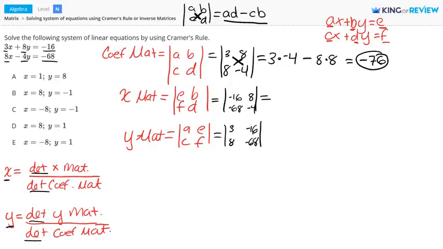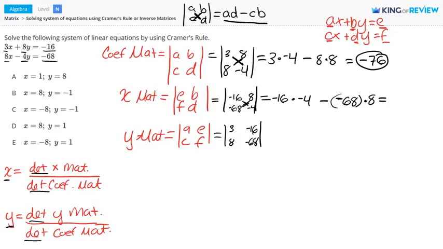Now let's find the determinant of the x matrix. So we have the product of the entries in the main diagonal, so negative 16 times negative 4, minus the product of the entries in the other diagonal. So we have negative 68 times 8.